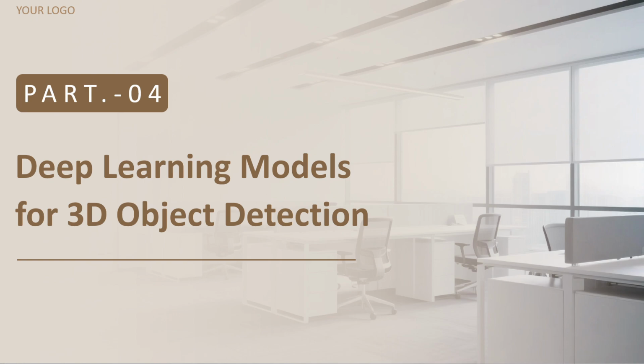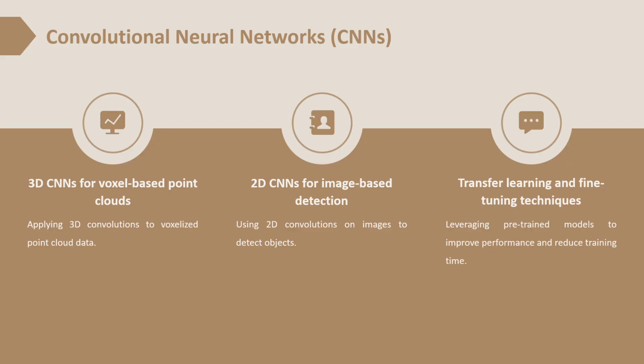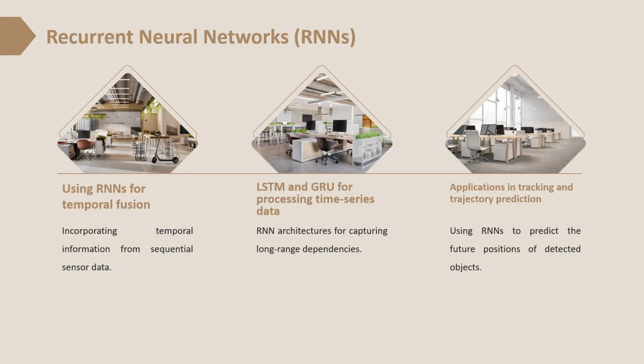Next, deep learning models for 3D object detection. We have 3D CNN for voxel-based point clouds. Similarly, 2D CNN for image-based detection, and we can use the transfer learning method. Along with transfer learning, we can fine-tune the parameters to increase the performance of the detection.